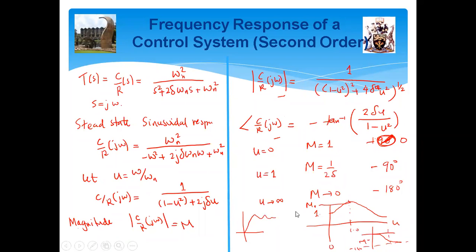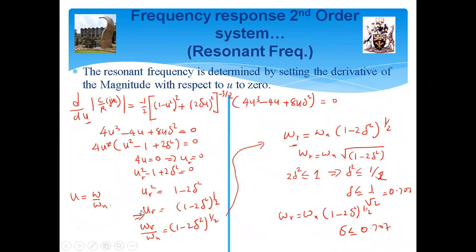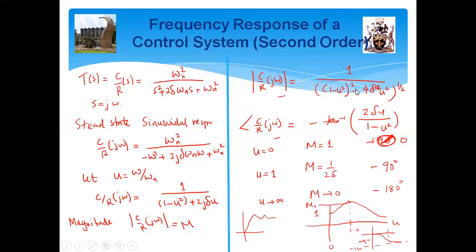So if we substitute this value which we got here into the magnitude equation, then we should get our MR, which is the maximum peak.